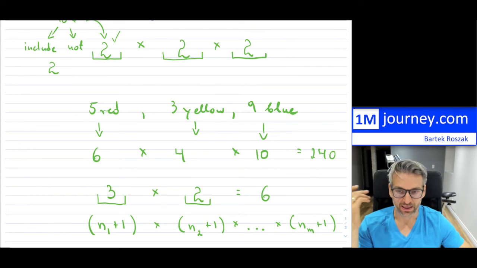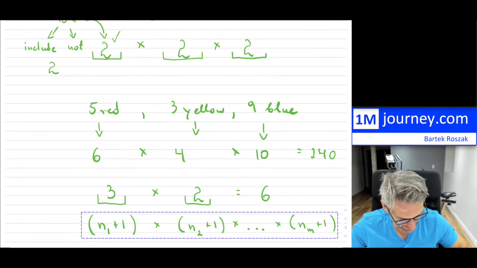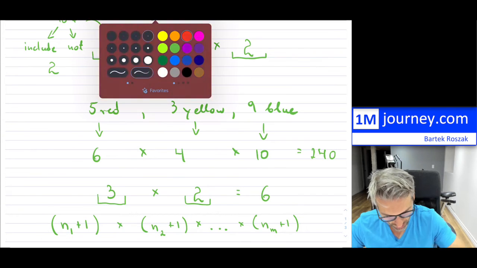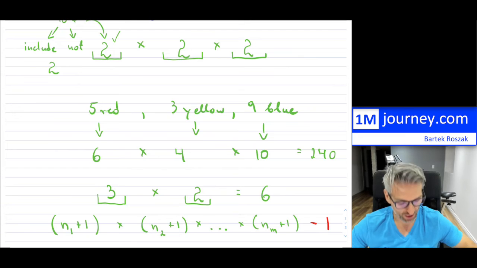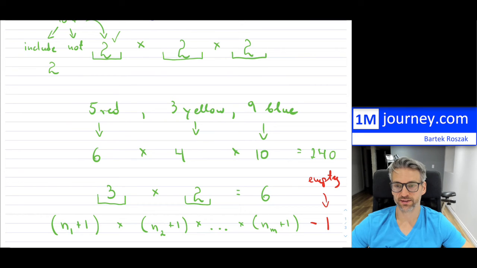And now if you want to remove the empty set, this formula would have been all of this, and don't forget that you can subtract 1 at the end if you want to remove the empty set, meaning you haven't picked anything.